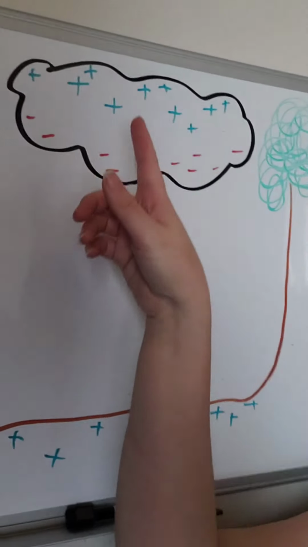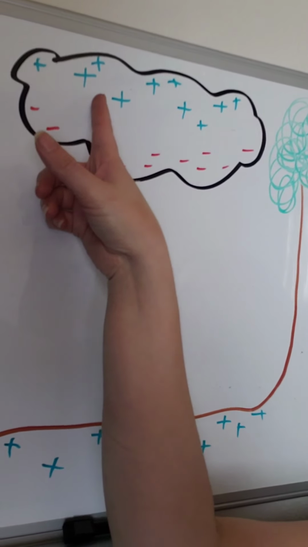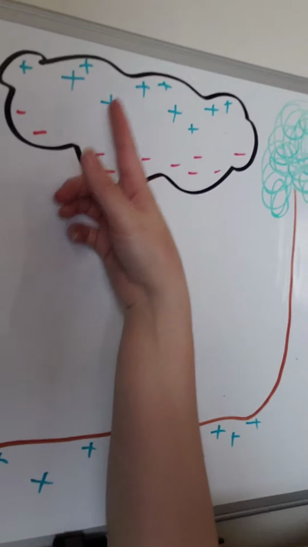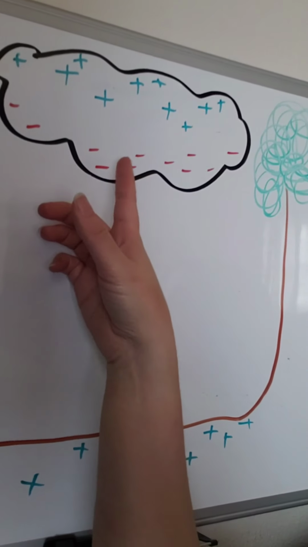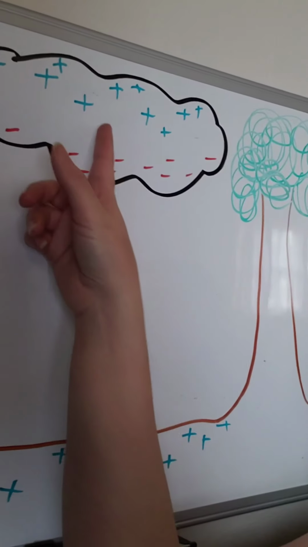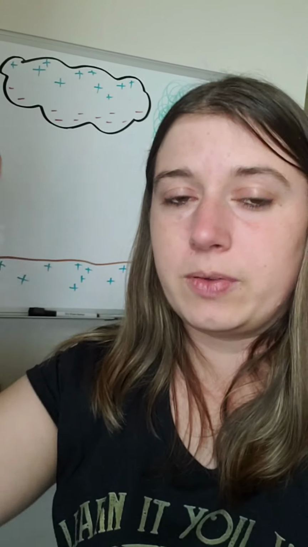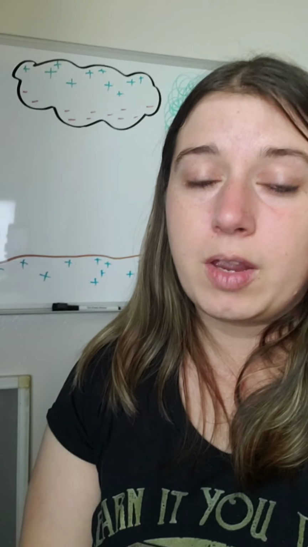So what happens is you end up with positively charged protons up at the top of the cloud and negatively charged electrons down at the bottom of the cloud. What occurs is up here at the top of the cloud, it's usually pretty cold up there because you're kind of higher up in the atmosphere. So it's actually very, very cool.